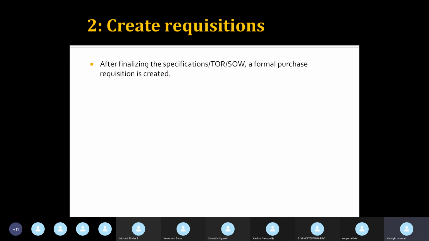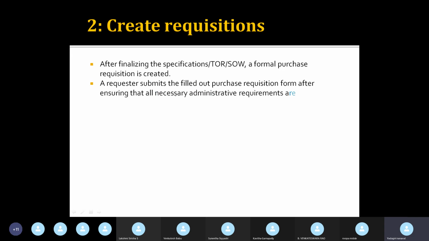After finalizing the specification, terms of reference and statement of work, a formal purchase requisition is created. A requester submits the filled-out purchase requisition form after ensuring that all necessary administrative requirements are met.